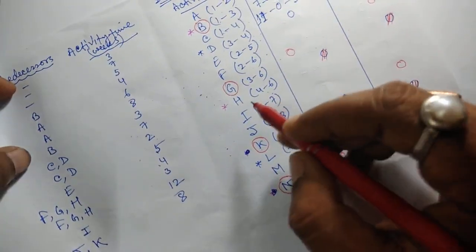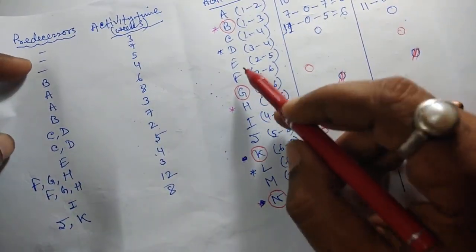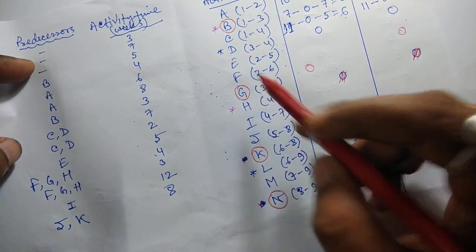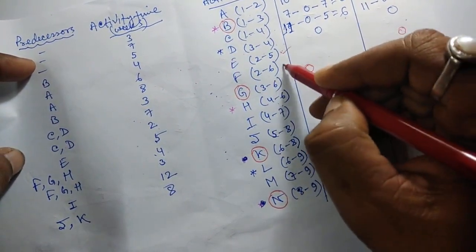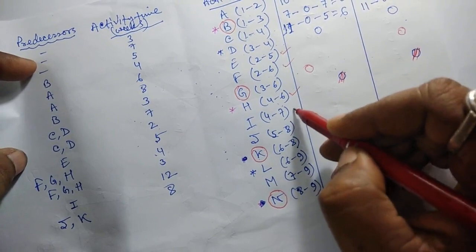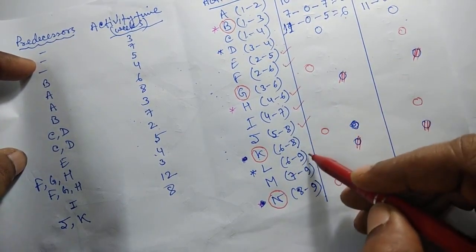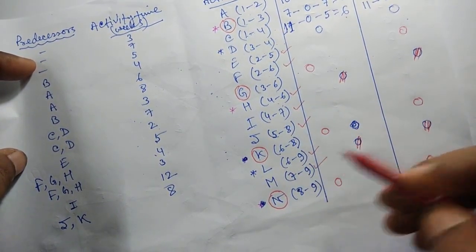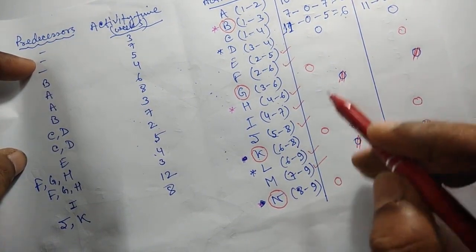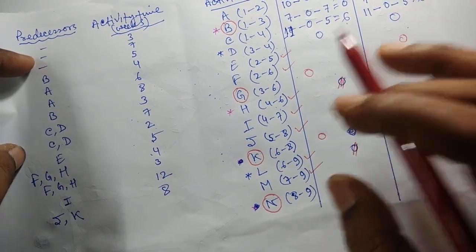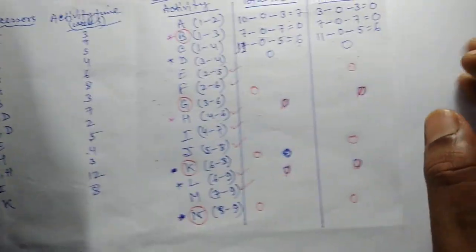And you have to calculate for E, F, H, I, J, L and M. I hope you can do it yourself. Okay? Thank you.